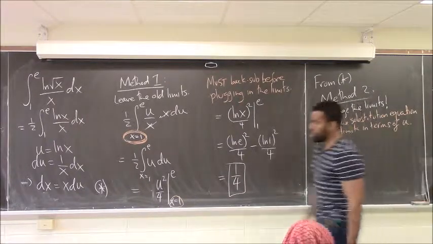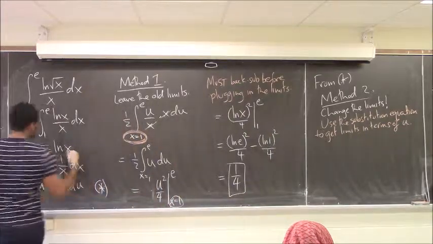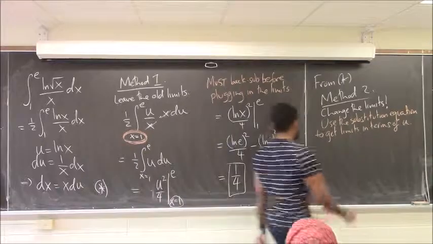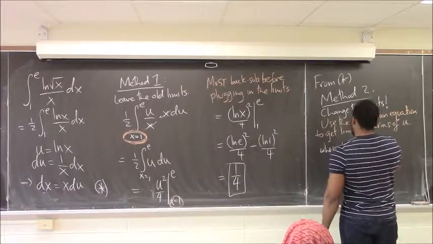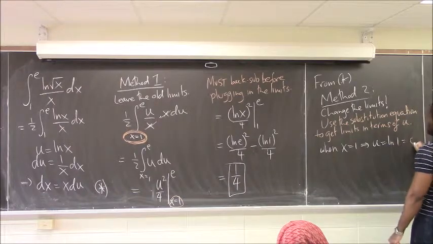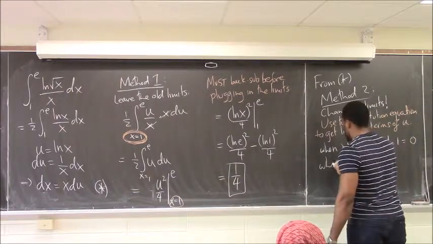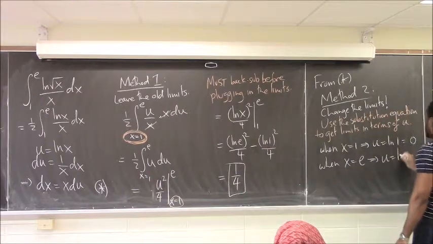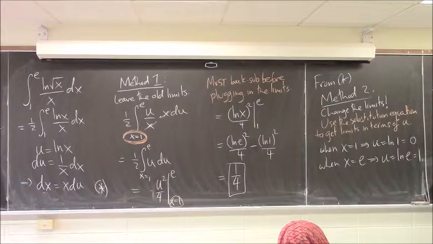Originally we had u equals ln x. So this will tell me how these x coordinates will behave in terms of u. When my x was 1, my u would be ln of 1, which is 0. And when my x is e, u would be ln of e, which is 1.